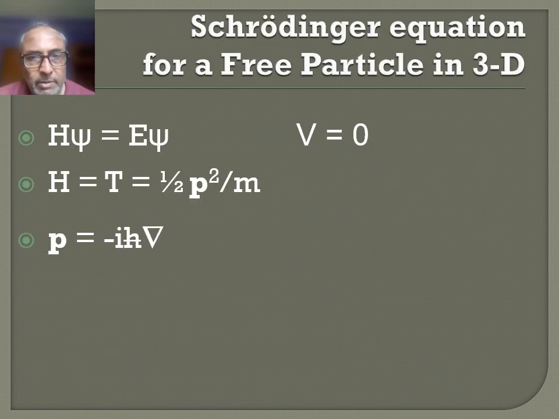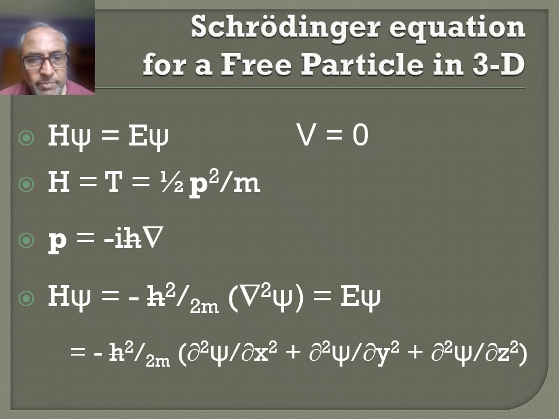Therefore, the Schrödinger equation for a free particle in 3 dimensions takes the form H psi equals minus h-bar squared by 2m times del squared psi, which is equal to E psi, which can also be written in terms of its components as minus h-bar squared by 2m times del squared psi by del x squared plus del squared psi by del y squared plus del squared psi by del z squared.